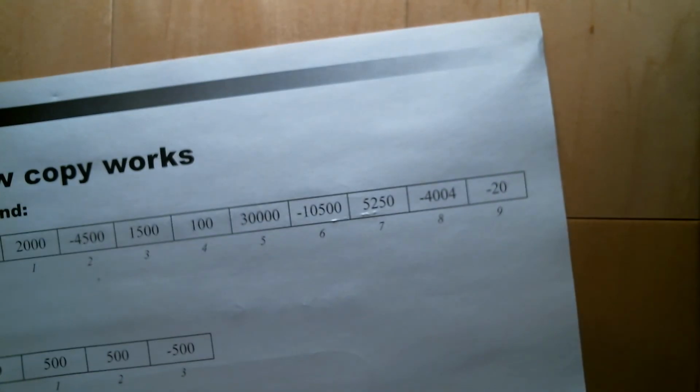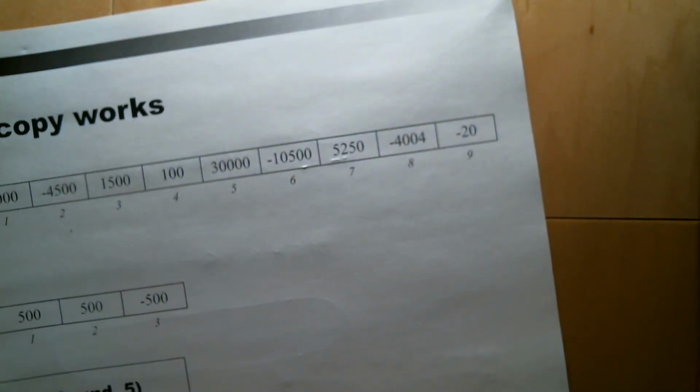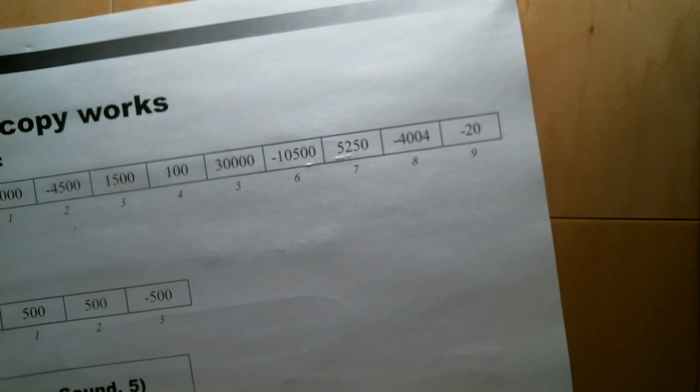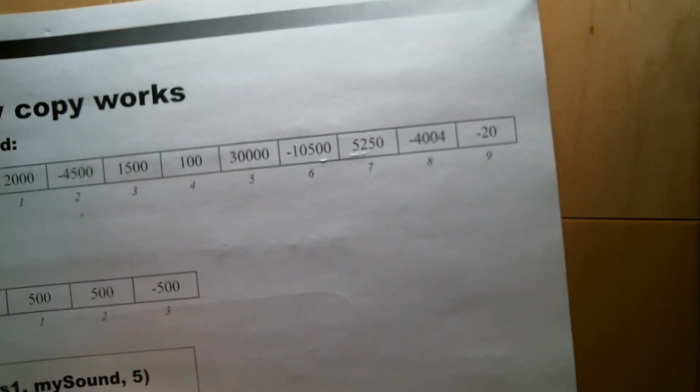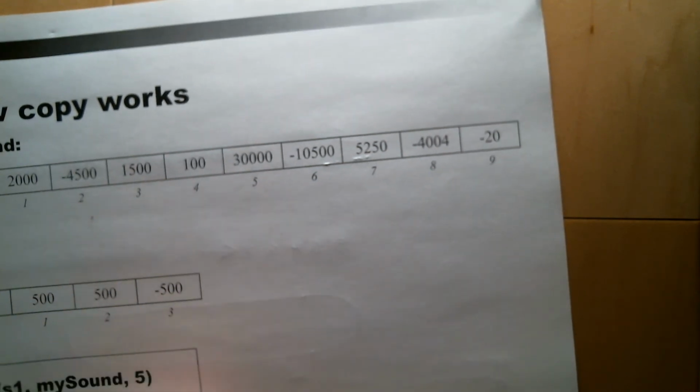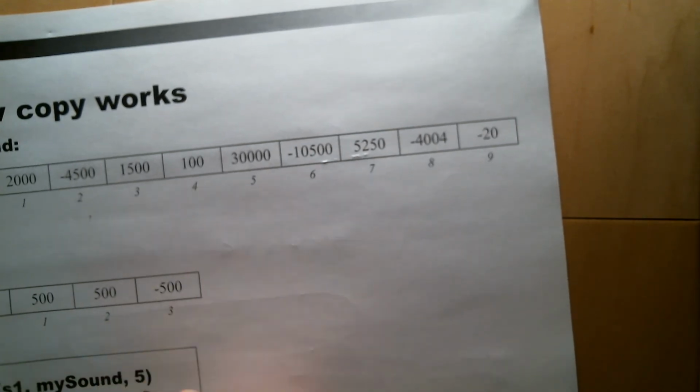And then let's take a look at copy. All right. So if I were to write here, copy S1, my sound, 5. Remember, the first one is going to be your source. The second one is going to be your target. And this is going to be your starting position.